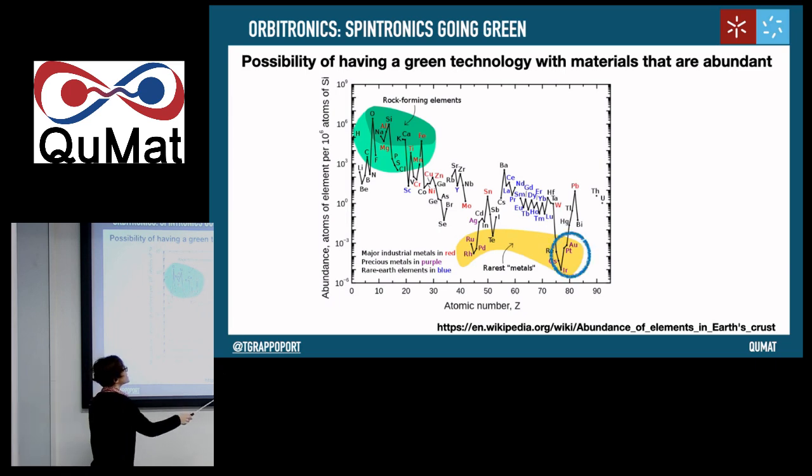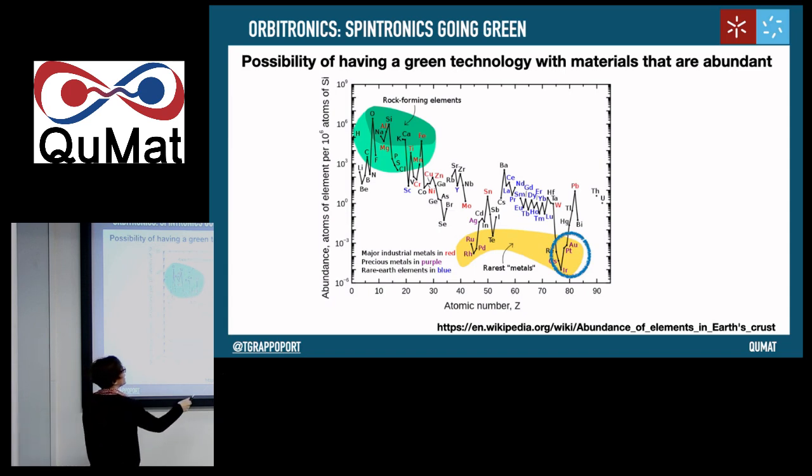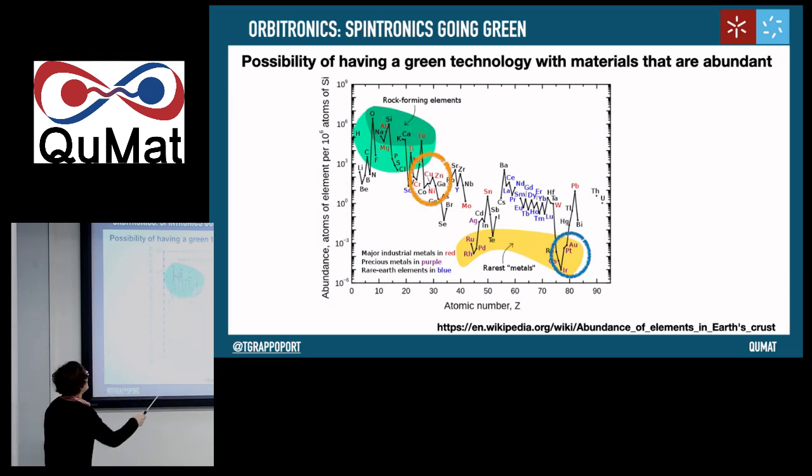And here in blue, it's a set of metals that you normally use to generate spin currents through the spin-orbit coupling in spintronic devices. And in orange, the set of metals that we discussed that can be used to generate orbital currents.